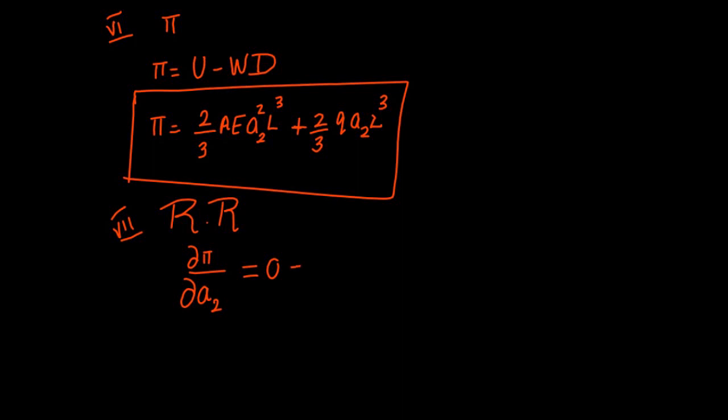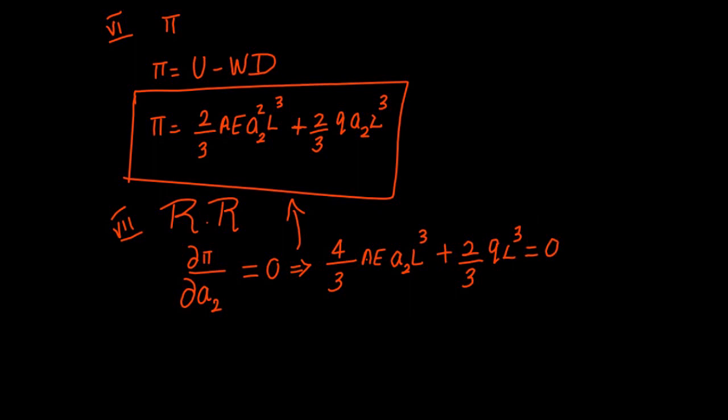If you do this and differentiate this equation with respect to A2, what is that you're going to get, guys? You're going to get 4 by 3 AE into A2 into L cube. And if you differentiate the second term with respect to A2, you'll be getting 2 by 3 Q into L cube, and that is equal to 0.